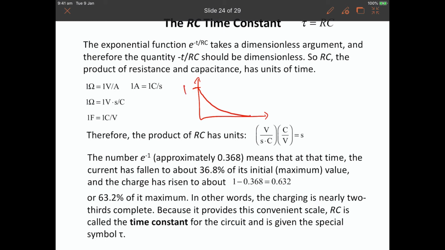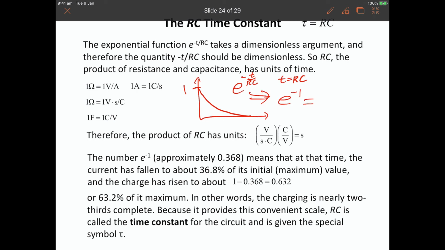If it decays as e to the minus t over RC, and t equals 1 RC, then e becomes e to the minus 1.